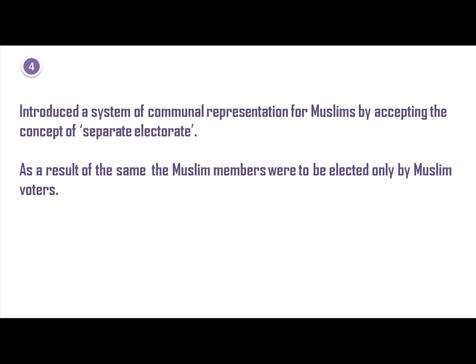But at that time, when they introduced the communal representation, what it means is for the Muslim member, only the Muslim candidates has to be voted. So this is called the communal representation. They want to divide the society on the names of the religion. This is called the divide and rule theory, which always the Britishers follow to divide us.